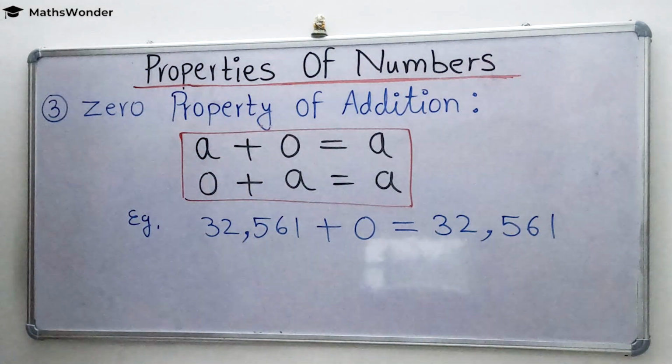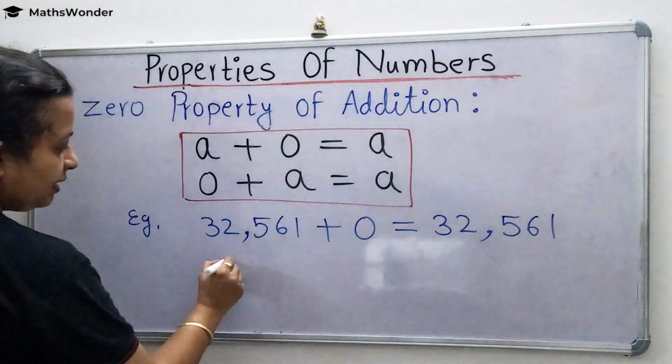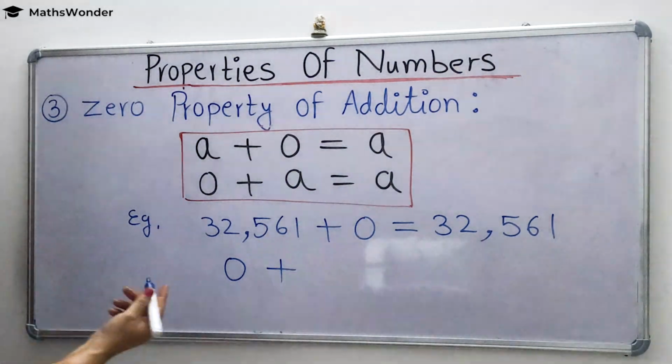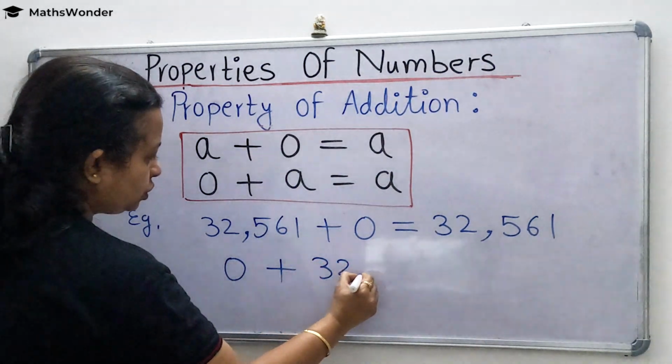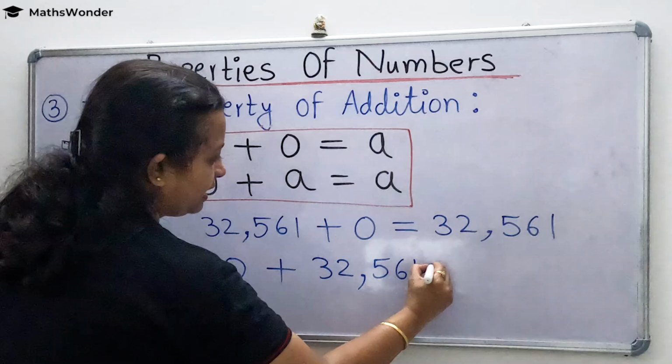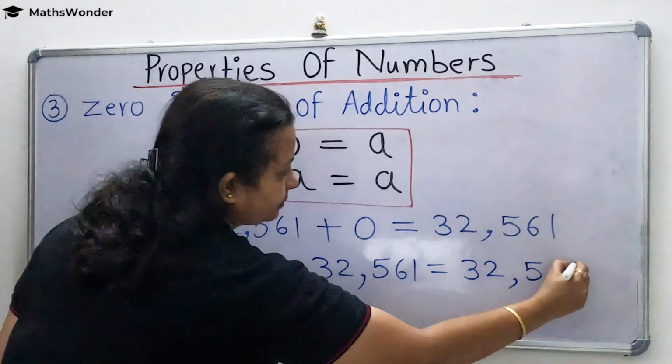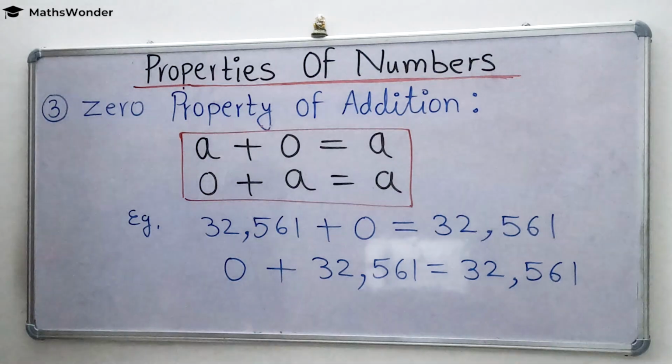Or if you add any number, 32,561 will get the same value. So what is the conclusion here? If 0 is added to a number, the sum is the number itself. Understood?